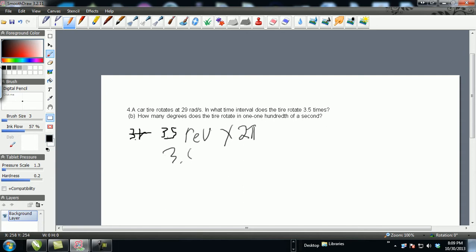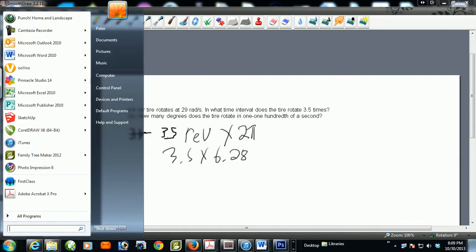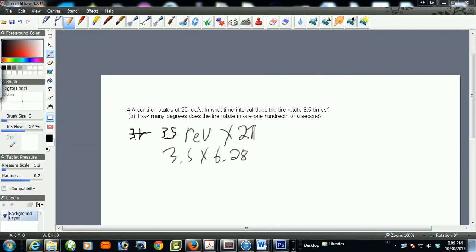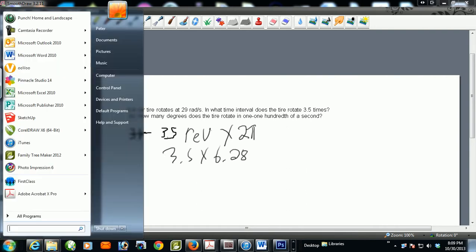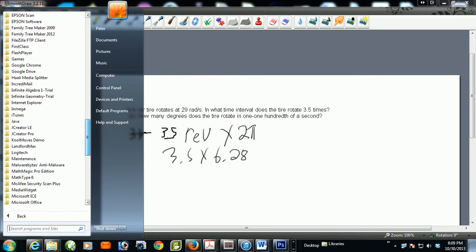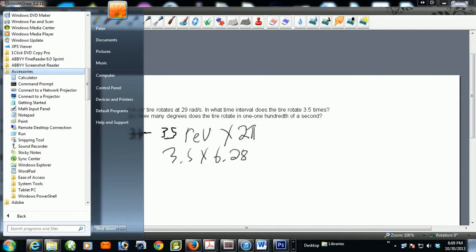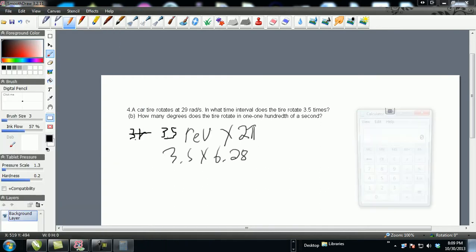So that becomes 3.5 times 6.28. Let's go back to the handy dandy calculator, see if I still got it up. Of course not. Let's go get the calculator real quick. Accessories, calculator.